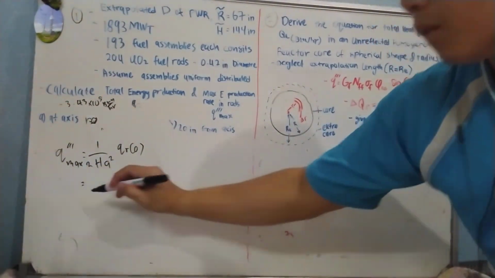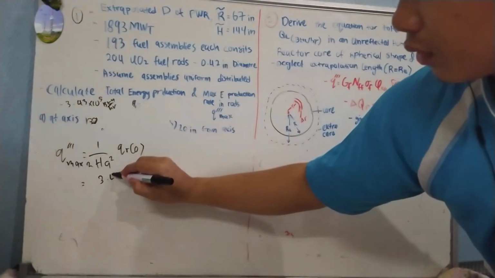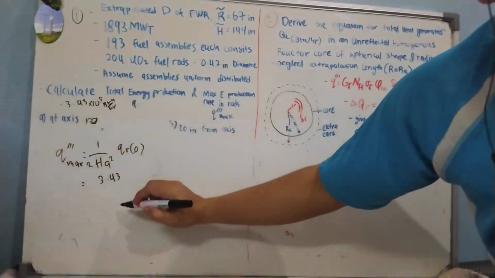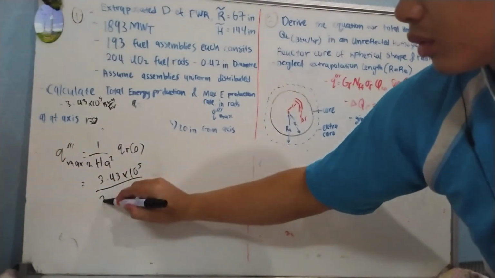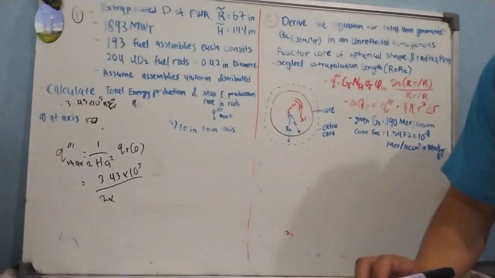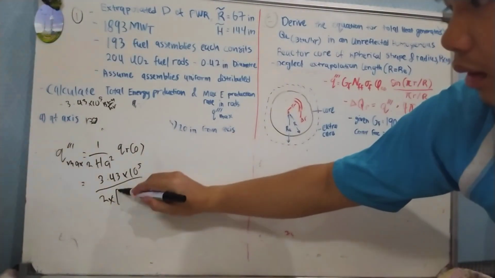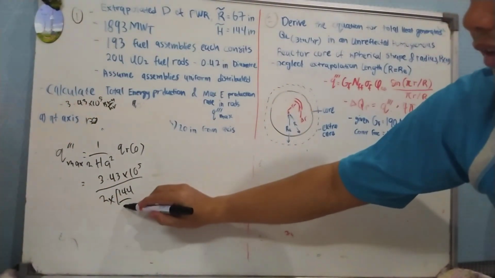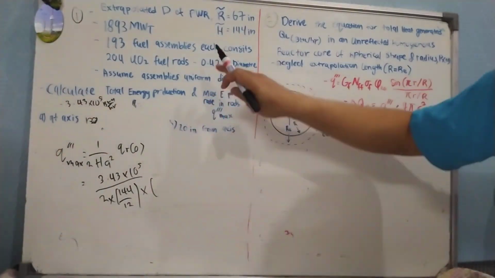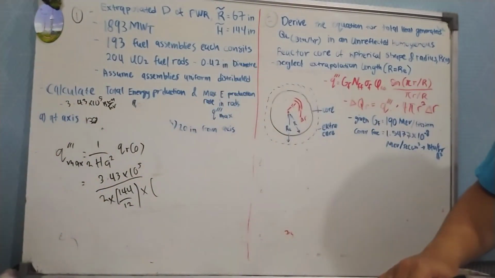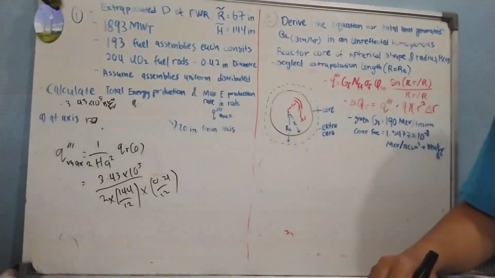Computing, 3.43 times 10 power of 5 over 2 times h, where h is 144 inch, but we want it in feet, so divided by 12, times the radius, the diameter is 0.42 so the radius is 0.21, also divided by 12, squared.